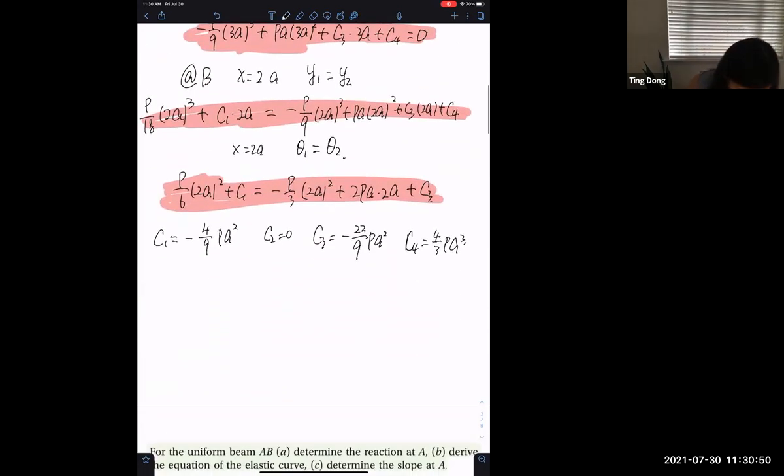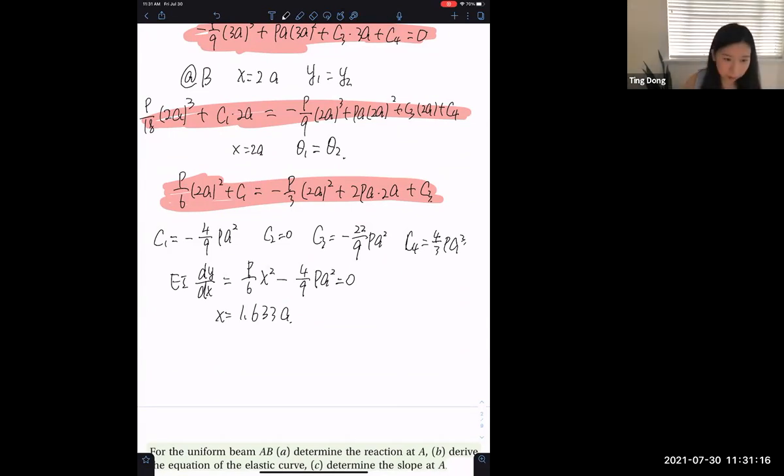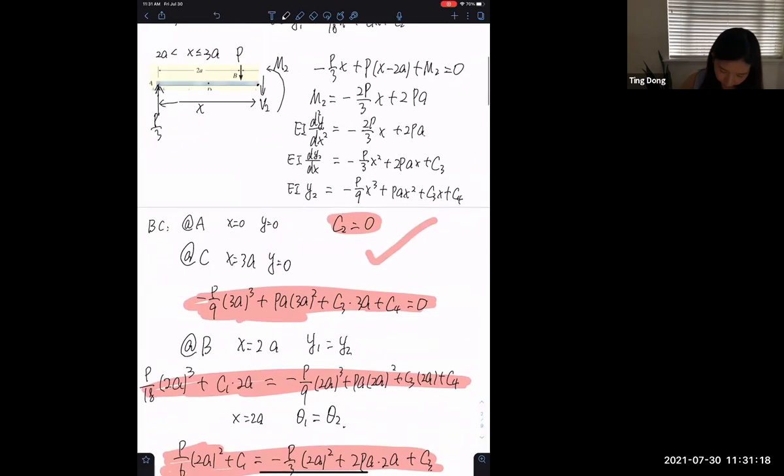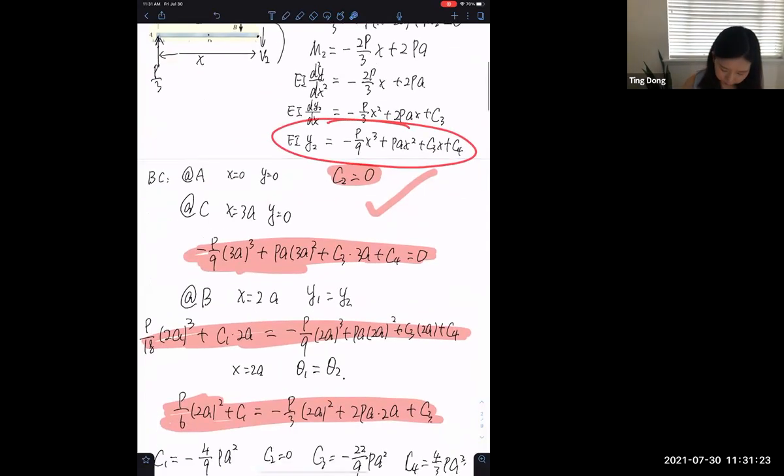So EI dy dx, P6 x squared, 4 9 PA squared equal to 0. So x equal to 1.633a.